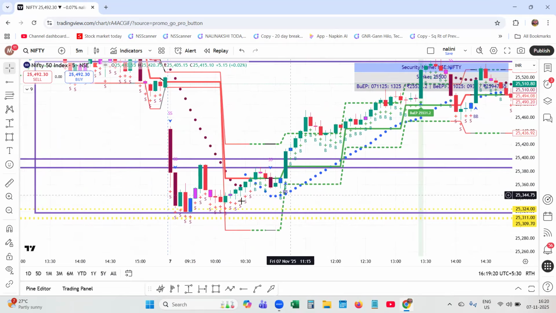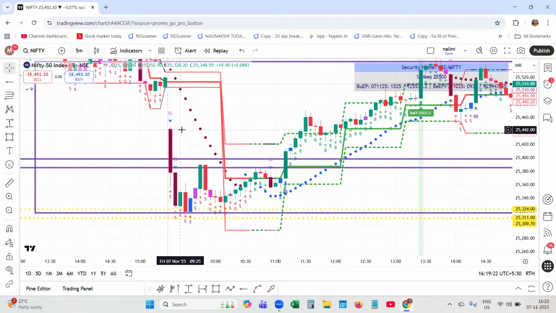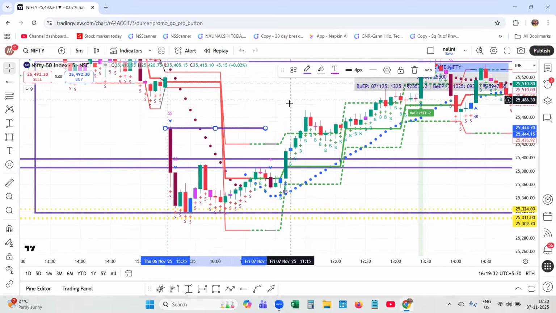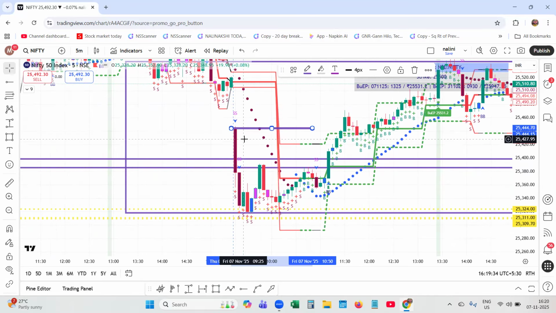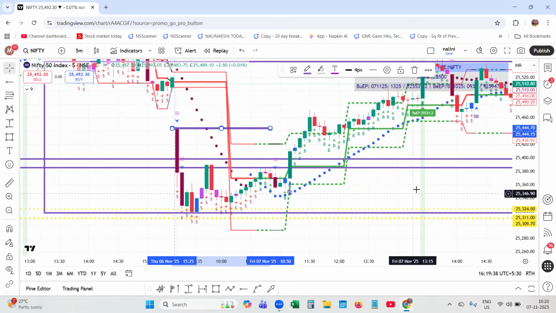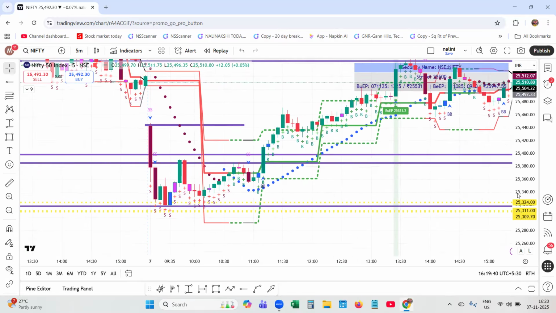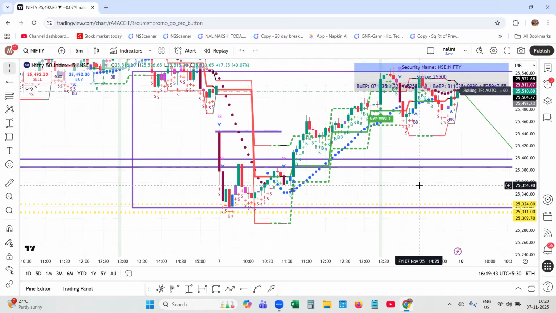I came to know that it is going to go higher because the market was able to cross this opening level, was able to trap all these sellers and cross this level. I was confident and I made a statement for my group of traders that they can go long with this.